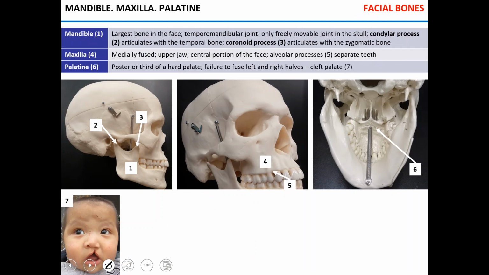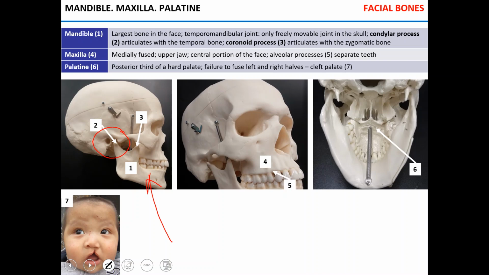Two large bones that form your jaws, well, actually three bones that form your jaws. Mandible is the largest facial bone and forms the temporomandibular joint, which is between the mandible and the temporal bone. It's the only freely movable joint in the skull.